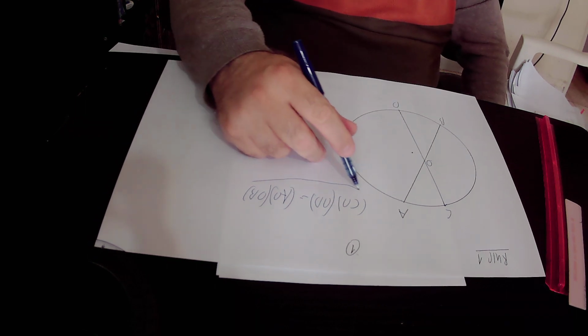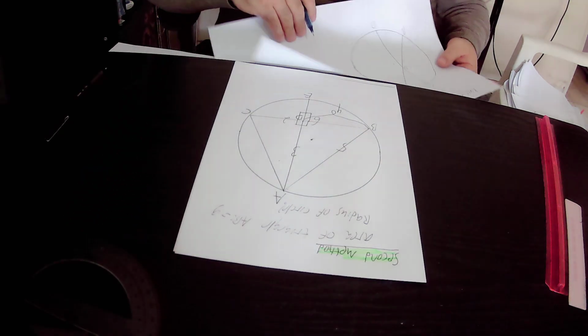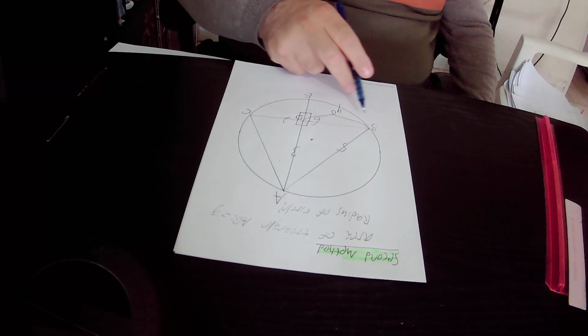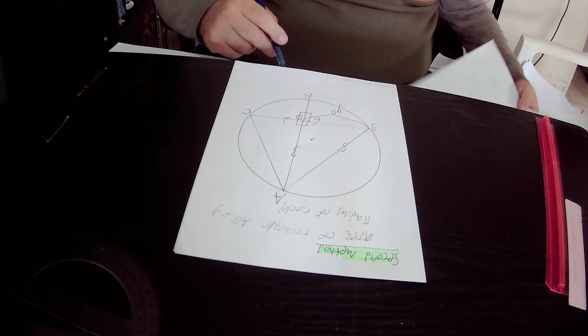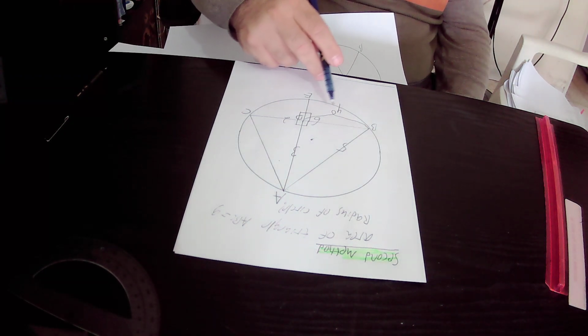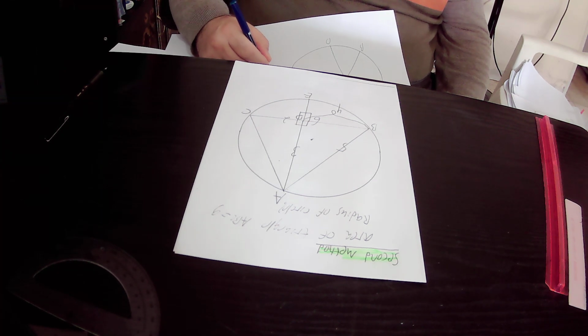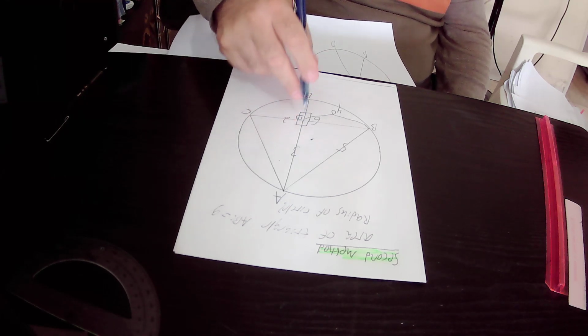Okay. So I can actually implement rule number 1 in our drawing, because in our drawing we have chord AE that intersects with chord BC at point D. Therefore, according to rule number 1, we get that BD times DC equals AD times DE.